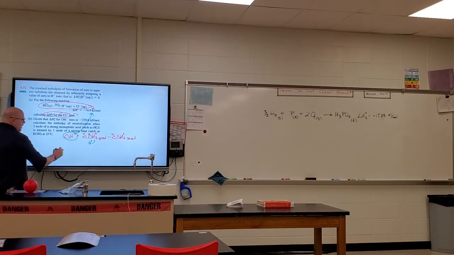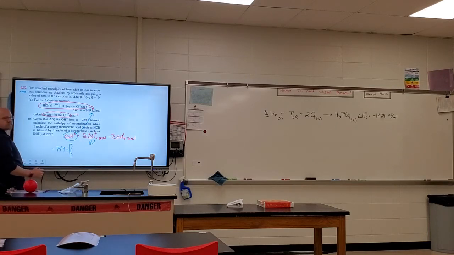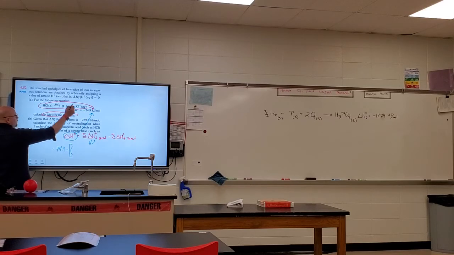So if we go to plug in and start writing out this equation, we have negative 74.9 equals the sum of the H plus and chloride, hydrogen ions and chloride ions.